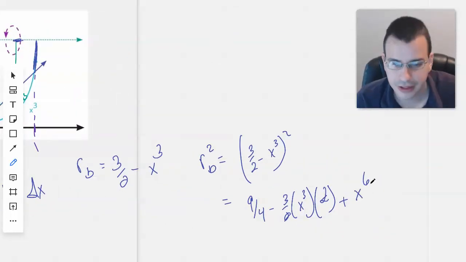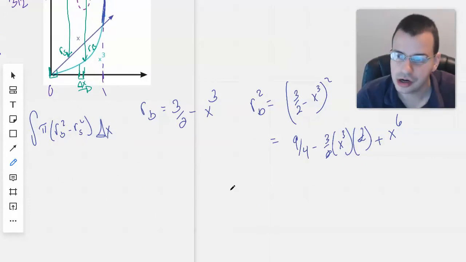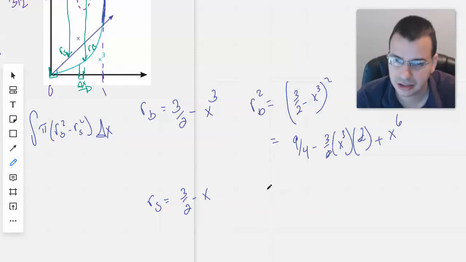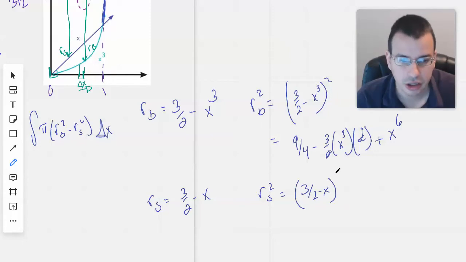That's our R big squared. Then we have R small, which will be 3/2 minus x. And then R small squared will be (3/2 minus x) squared.